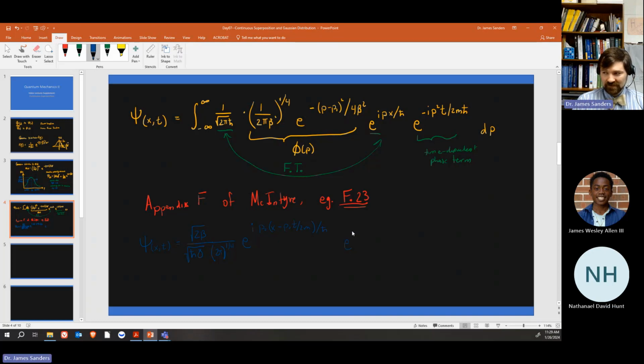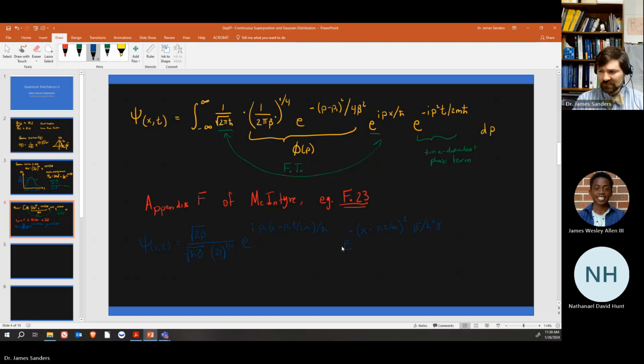And then e to the minus x minus p naught t over m, squared, beta squared over h bar squared gamma.